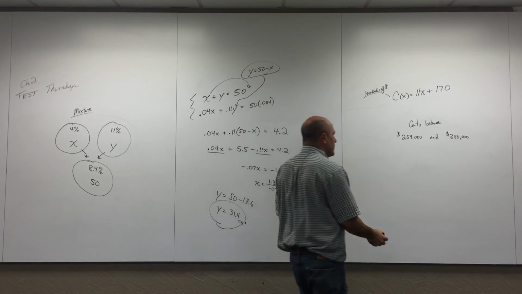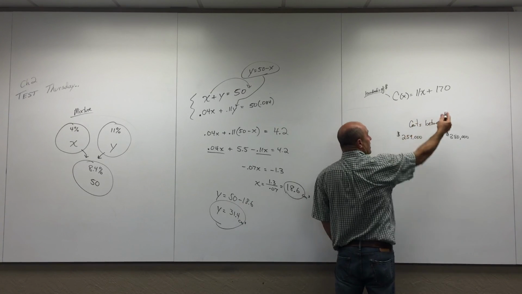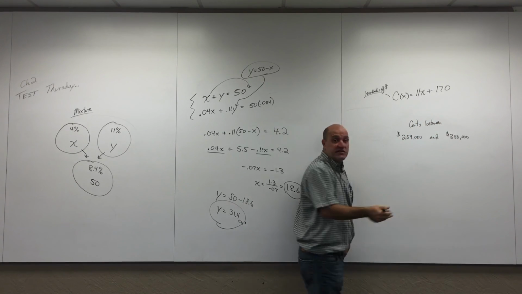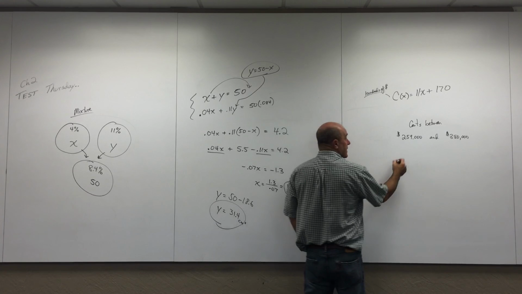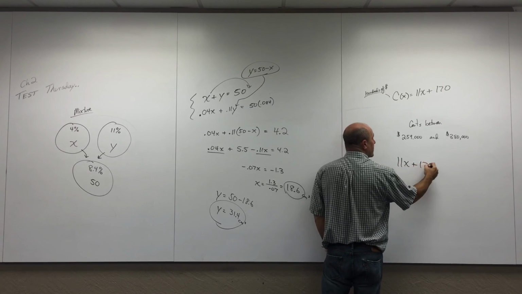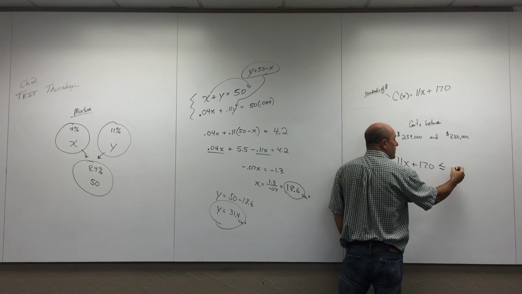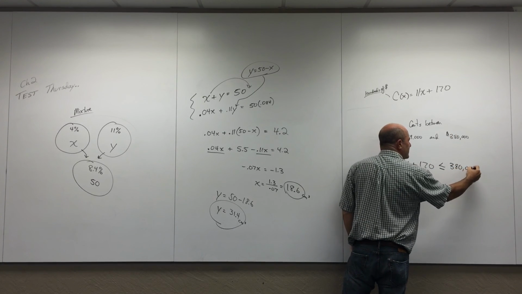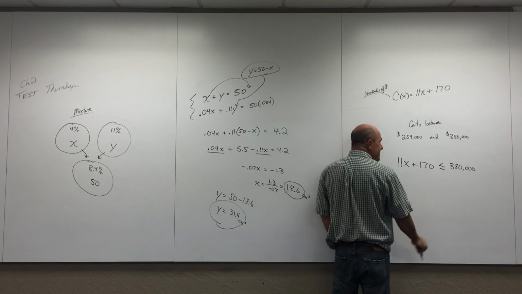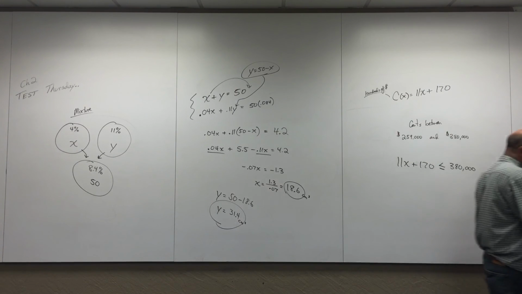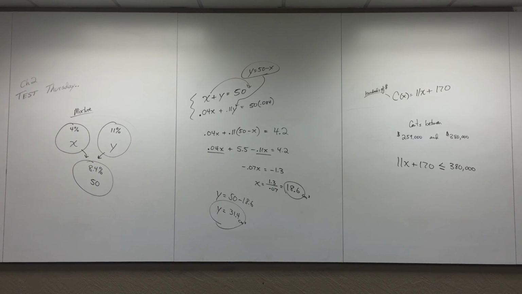Here's what I wanted to do. I want my costs to be between those numbers. I want to set up an inequality. I want to say my costs should be between those numbers, less than or equal to the big number. Actually, because they said between, maybe I don't want to include the endpoints.